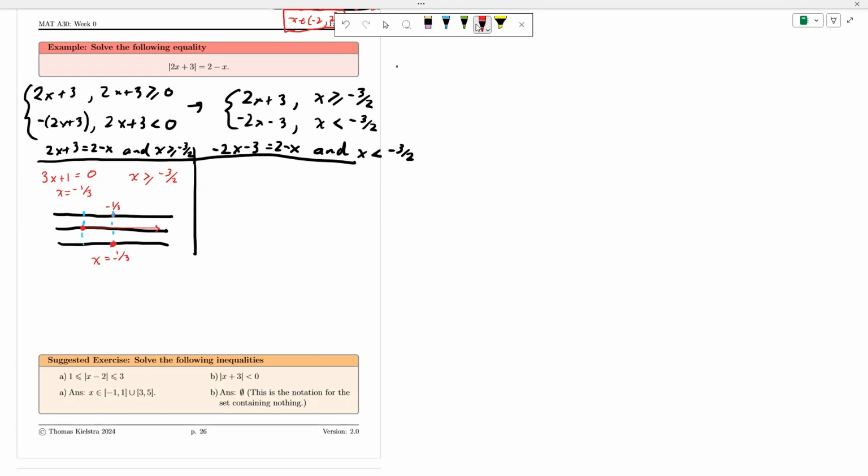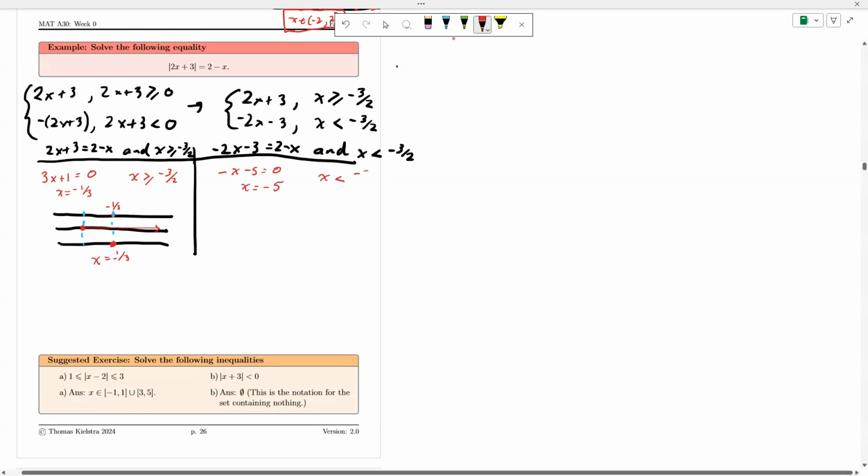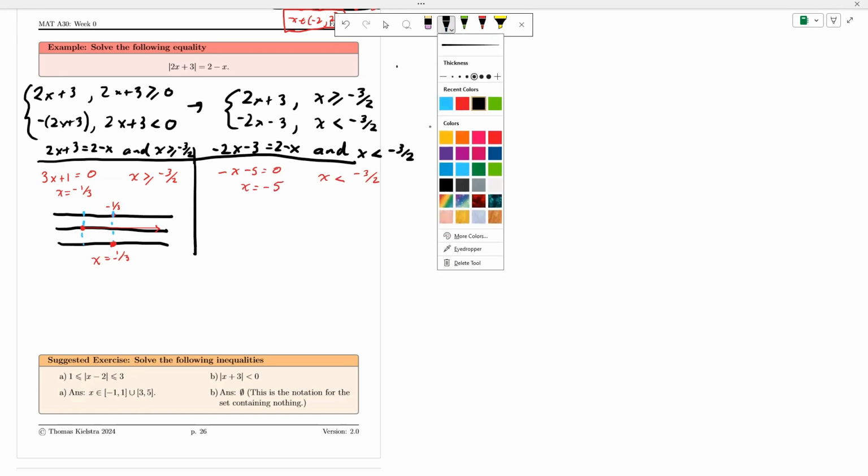What about this side? Well, here we have minus x minus 5 equals 0, or x equals minus 5. And here we have x strictly less than minus 3 over 2. Again, I take the intersection of these two constraints.